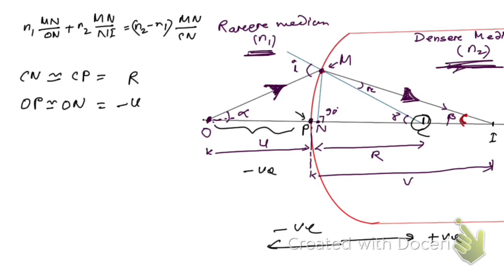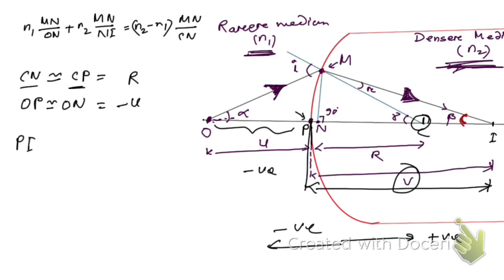Then PC, I have already mentioned, CP, PC, same thing, and CN. Then let me mention PI. This length PI from P to I, that is V. That side is positive.